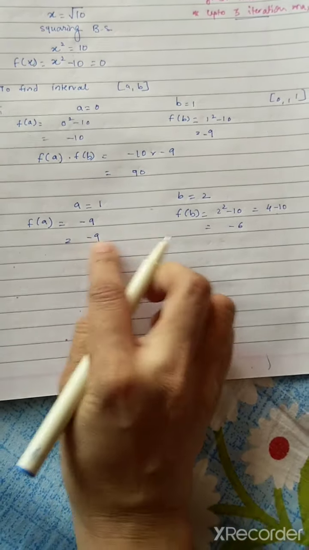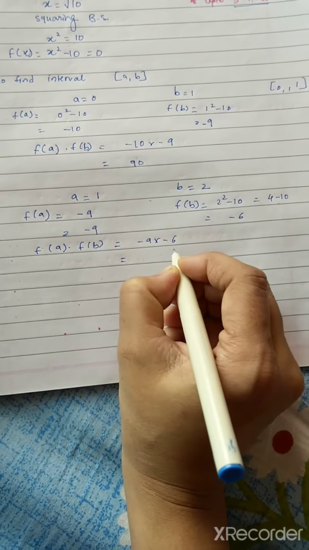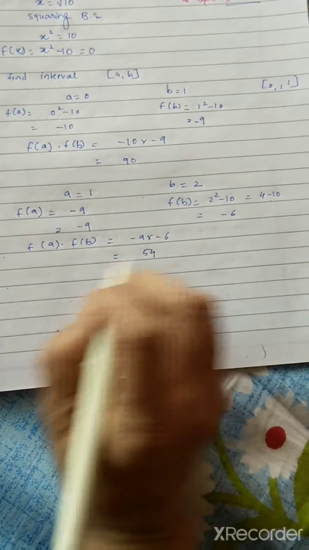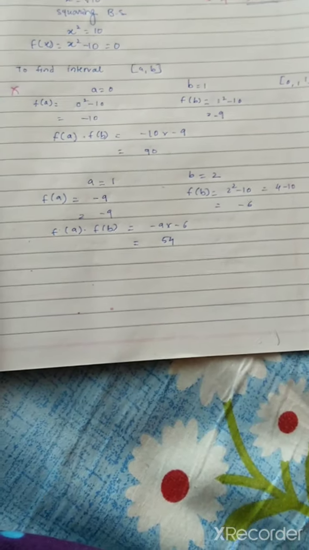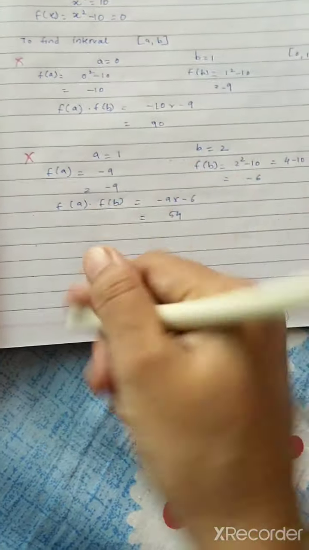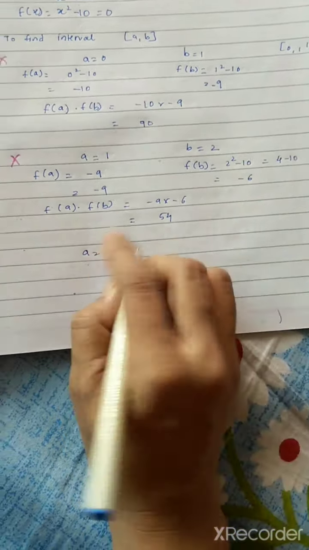Again this is minus and this is minus, so the product will be positive. f of a into f of b will be minus 9 into minus 6, which is positive. So again we are not going to consider a is equal to 1 and b is equal to 2.